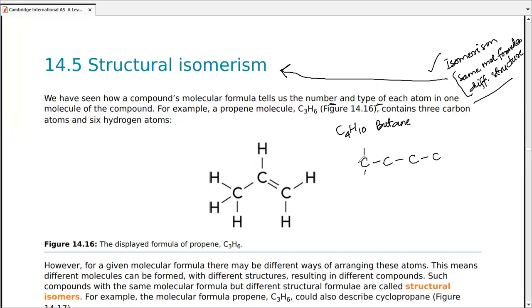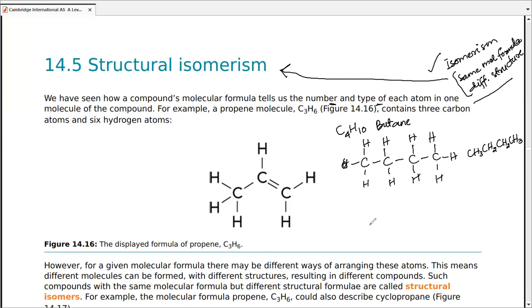We do understand it can be a straight chain. This can be it. Now, I hope you understand this is the easiest way of drawing butane. C4H10, we can also write it like this, CH3, CH2, CH2, CH3.